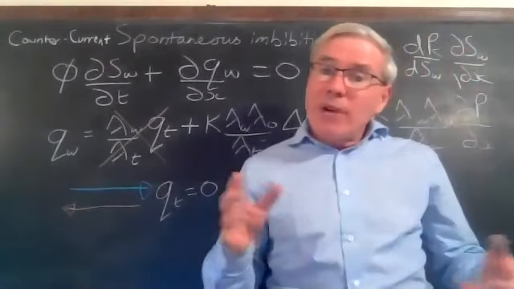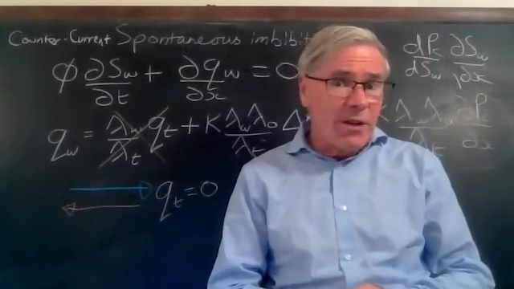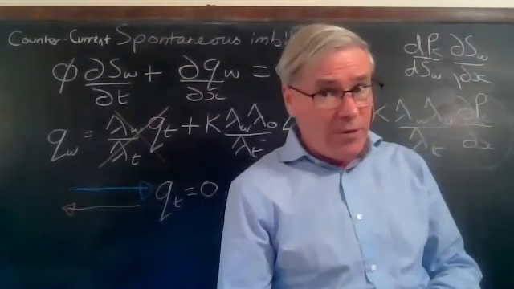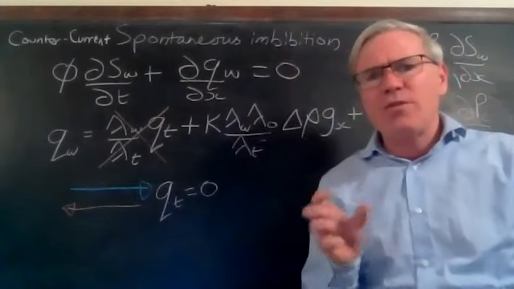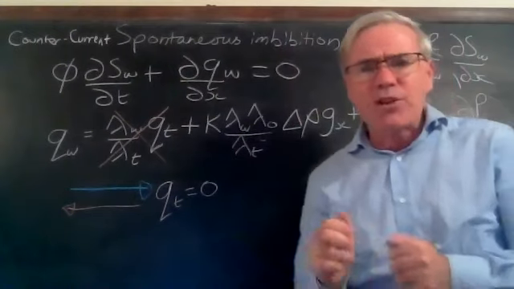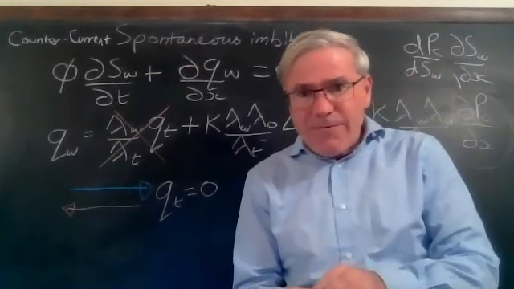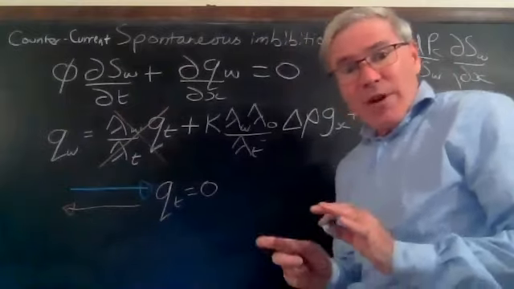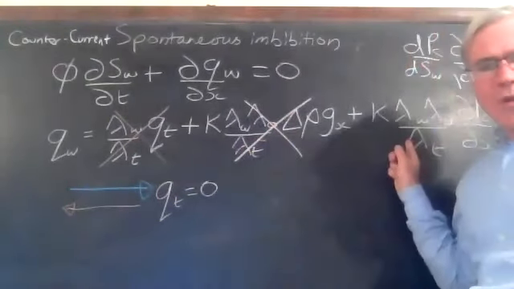Often we're looking at relatively tight rocks, with permeabilities of a few millidarcies. There, the capillary pressures are typically tens or thousands of kilopascals. So the order of magnitude of the driving force, the capillary pressure, is much greater. Therefore, for the sake of argument, we're going to ignore the gravitational term as well. So we're just left with this term here.